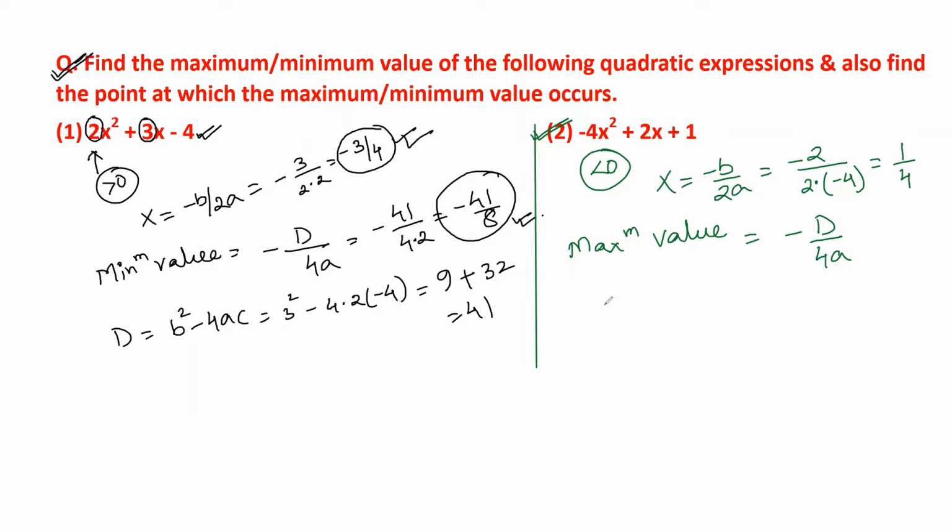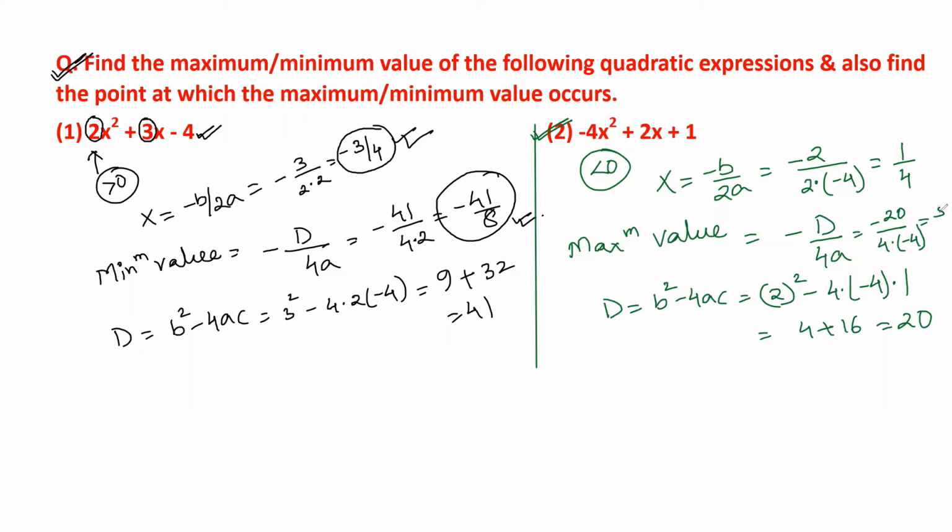So here the discriminant value would be again b square minus 4ac, which would be 2 square minus 4 into minus 4 into 1. So that would be 4 plus 16, that is 20. So the maximum value would be simply minus 20 upon 4 into minus 4, which would be 5 by 4.